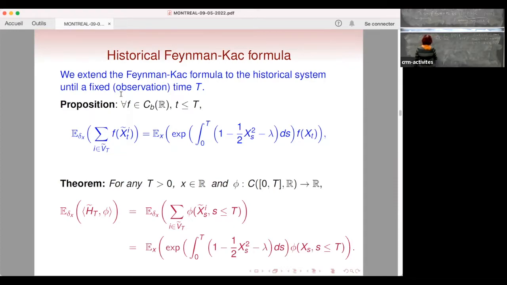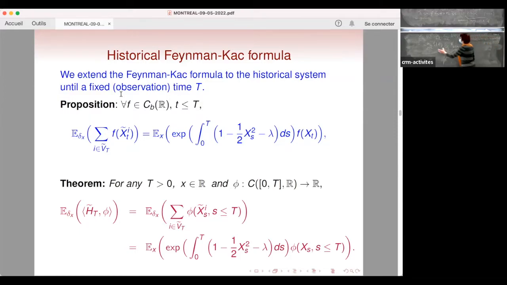I have the sum over J in V tilde_t of f of x tilde_J(t) times the sum over I belonging to V tilde_T of the indicator that J_t is an ancestor of I. But if I consider this quantity, what does it mean?